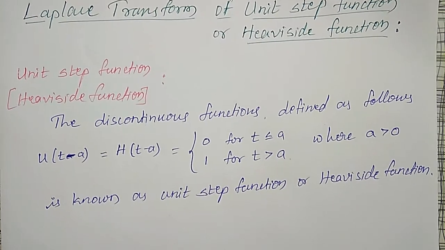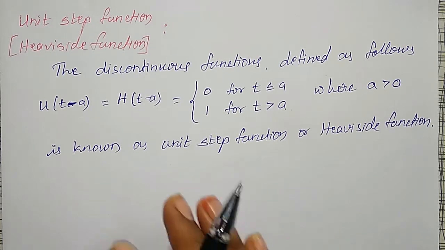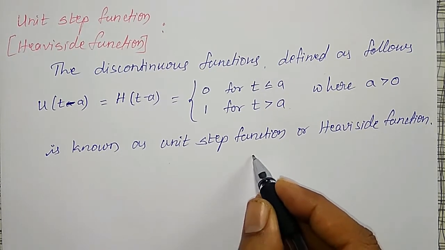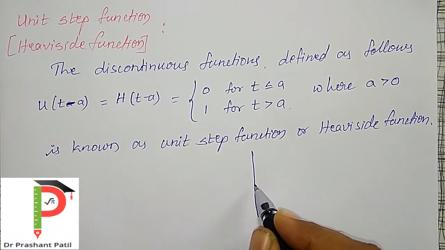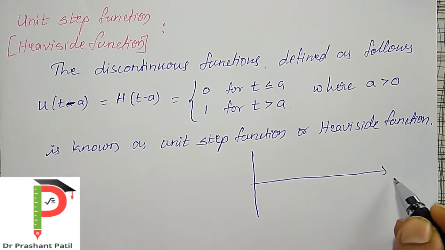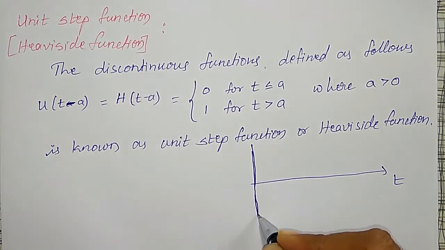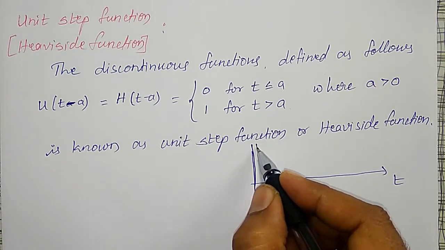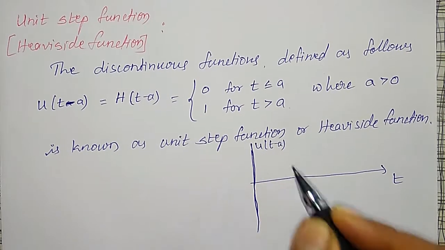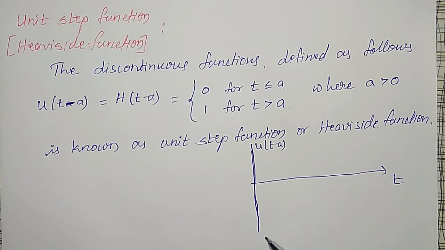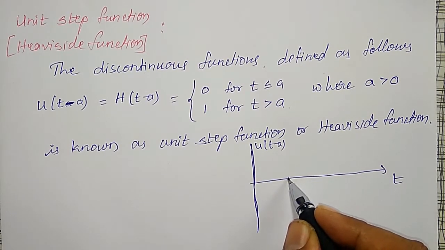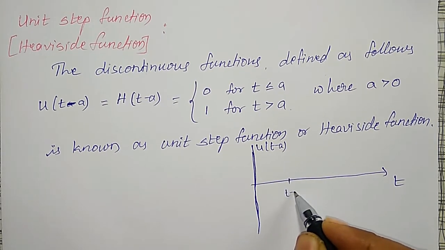Just for your understanding, I will draw a graph for this unit step function. Let me take t along the x-axis and u of t minus a along the y-axis. Let me fix t equal to a here.